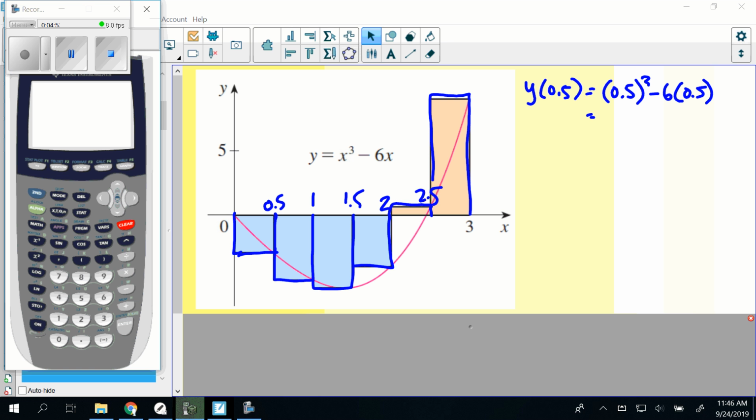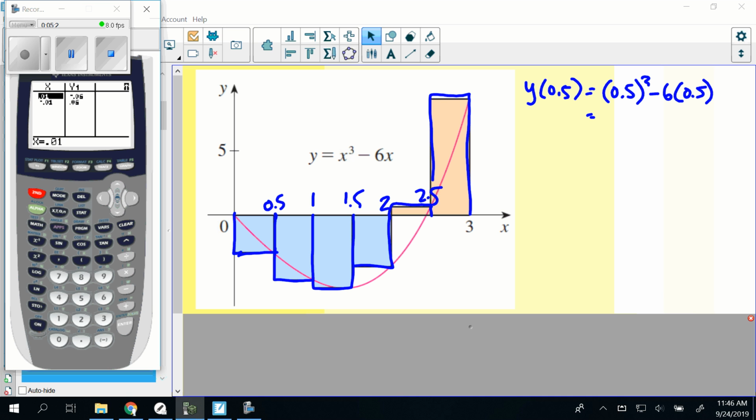So on the calculator, let's go in, type this function in. So we've got x to the 3rd power minus 6x. Now if we go into our table settings, we want this going up by not 1 but 0.5 here, 1/2. And now if we go to our table, we should be able to get all these.